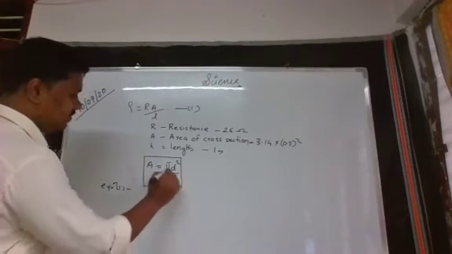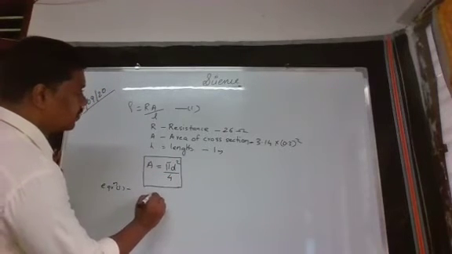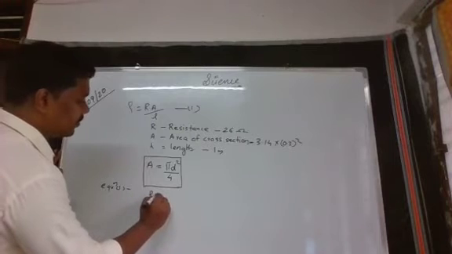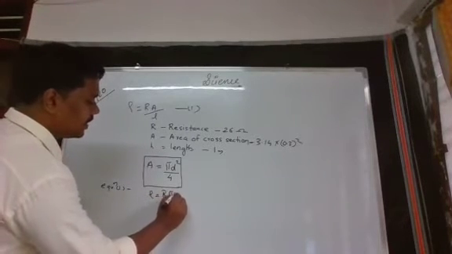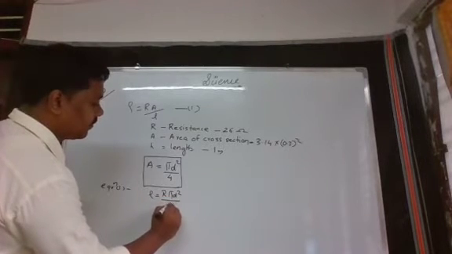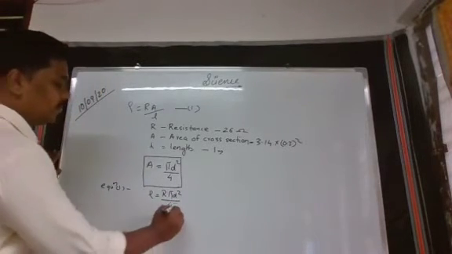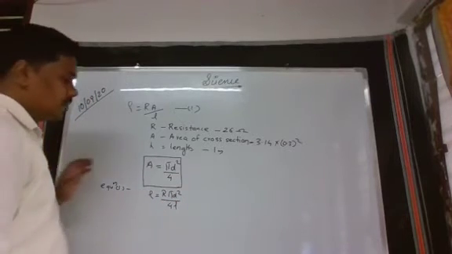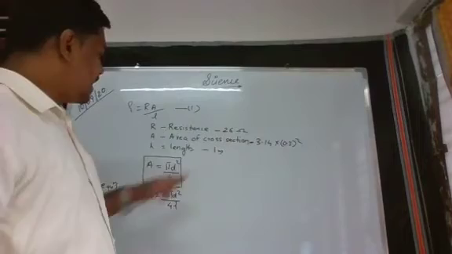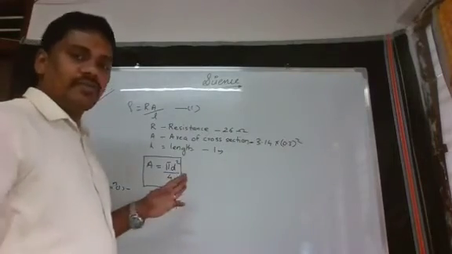So the equation will become rho is equal to R pi d square by 4L. Now we can give the values for finding the resistivity.